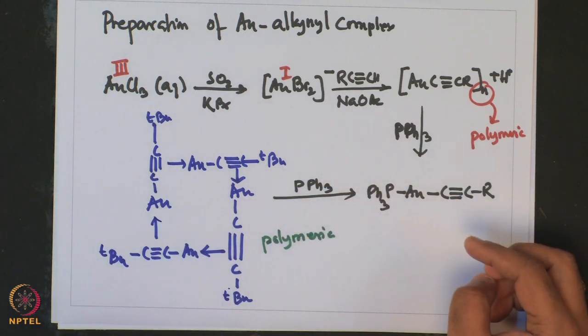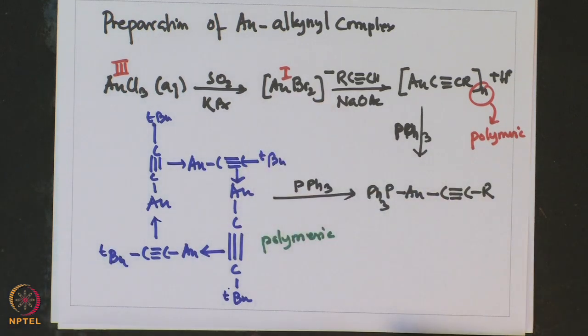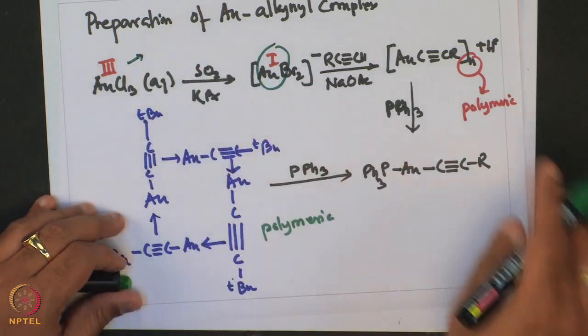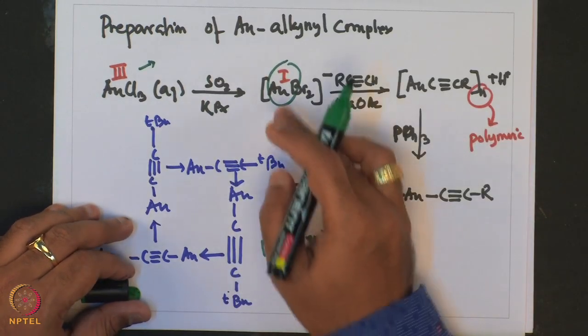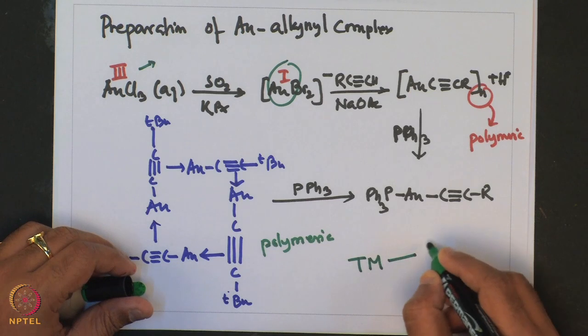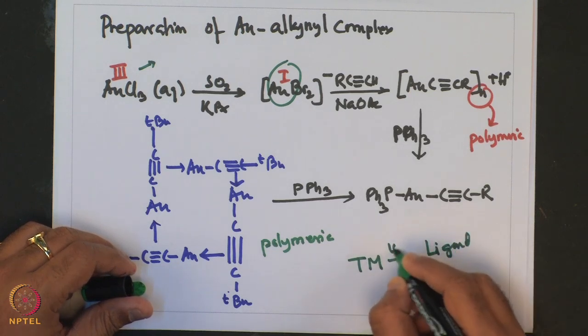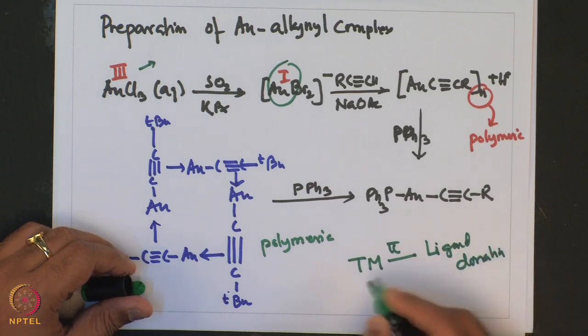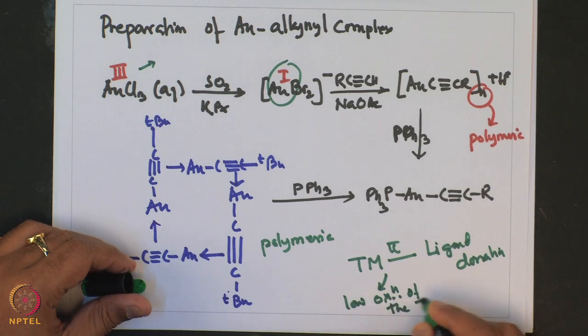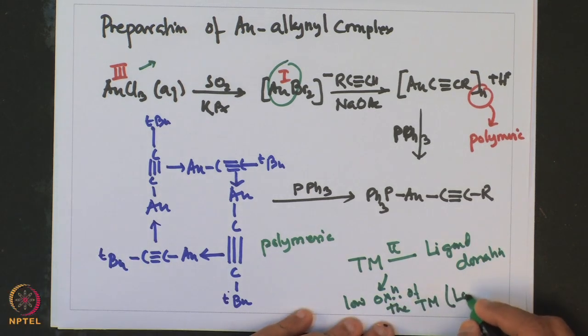Another aspect which comes to the fore is that the metal has to be in low oxidation state, as in gold 1 over here as opposed to gold 3 over here, for stabilizing this acetylide moiety, and this stabilization thus arises from the transition metal to ligand pi back donation, and this back donation arises because of low oxidation state of the transition metal, but preferably late transition metal, which are electron rich.